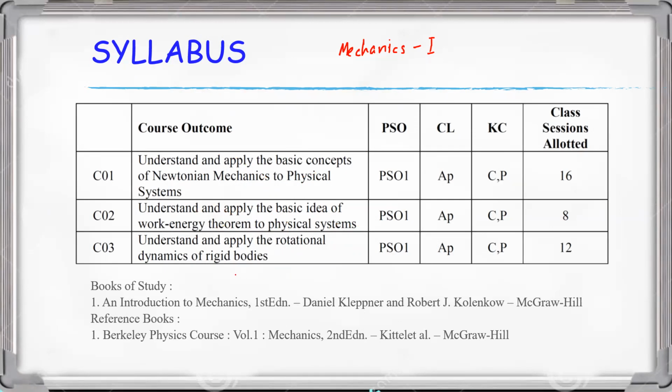And the third one is understand and apply the rotational dynamics of rigid bodies. For the first part, the class sessions allotted are 16 hours, and for the second one, 8 hours is allotted, and for the last outcome, 12 hours are allotted.